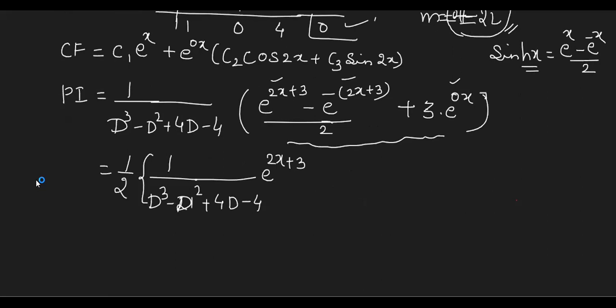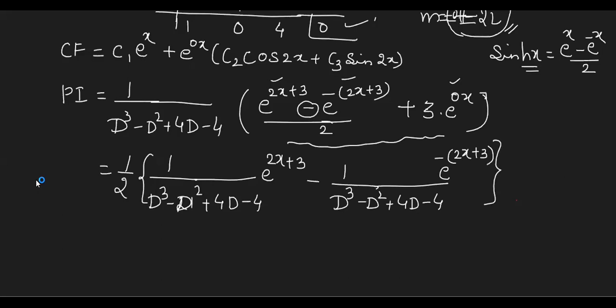Minus, because this is minus. Then 1 upon d cube minus d square plus 4d minus 4, and the second function is e raised to minus 2x plus 3. Now complete the bracket, because this half is only for these terms.